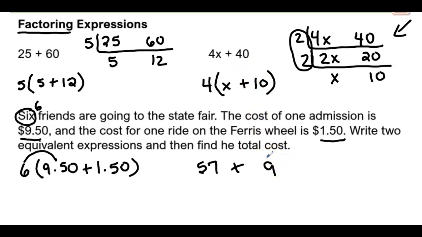And 57 plus 9 gives me 66. So the total cost of admissions would be $66 for 6 people.